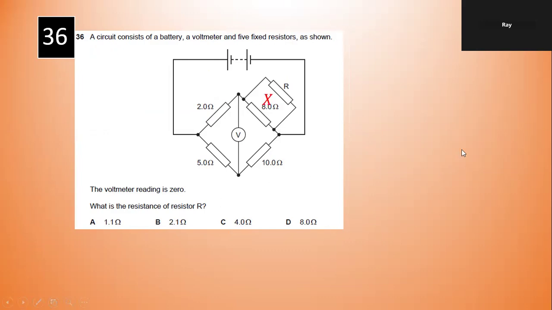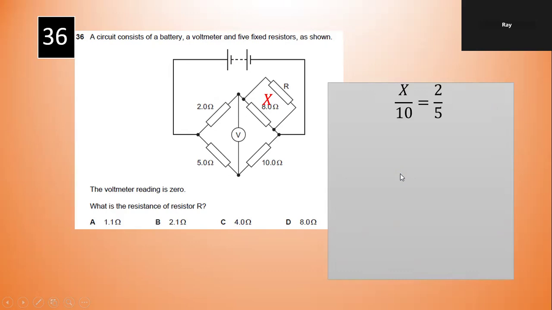Let's see. Let the total resistance be X for these two together. So the ratio X over 10 must be equal to 2 over 5. The potential across here divided by here is the same as across here divided by across here.